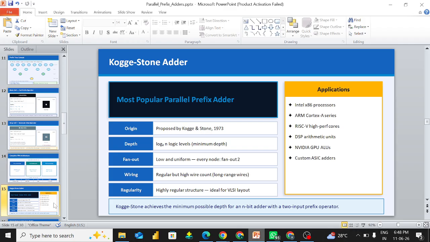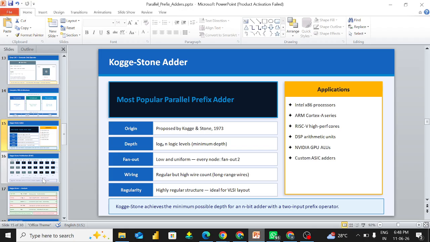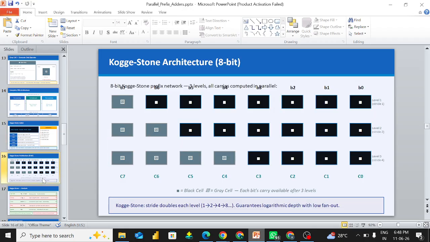Okay, so before thinking about this Kogge-Stone adder and its fan out and minimum depth, we should know about the architecture.